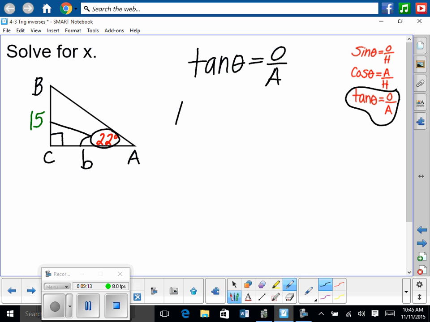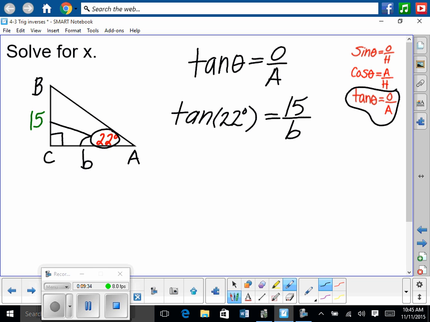So we have tangent of, do we know theta? Yes. It's 22 degrees. So tangent of theta, well, theta is 22 degrees. Does everybody see why I plugged in 22 degrees? It's equal to the opposite, which is 15, over the adjacent, which is b.